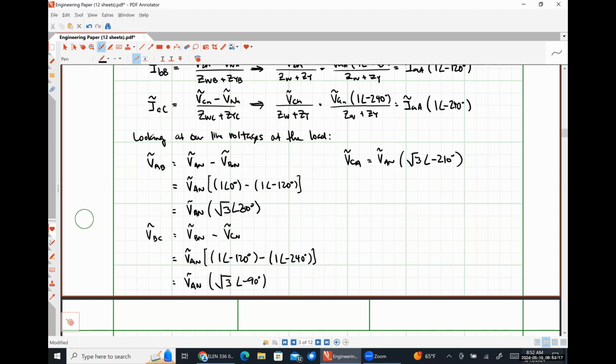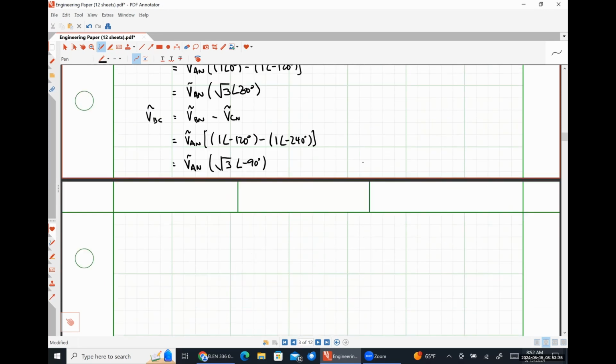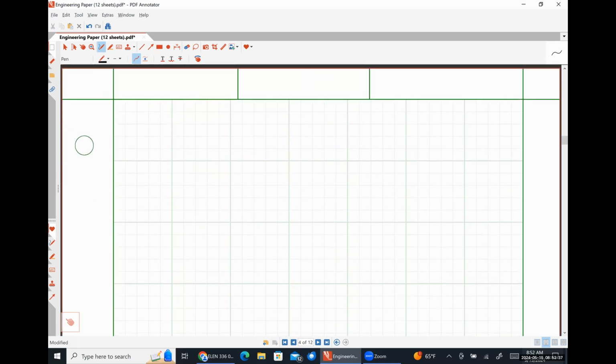So all we really need to be able to do is analyze one phase of our three-phase system, and we can figure everything else out simply by shifting the phase by the correct amount. So that brings me to our next topic, which is what's called the single-phase equivalent circuit.